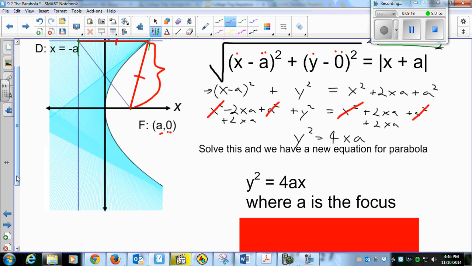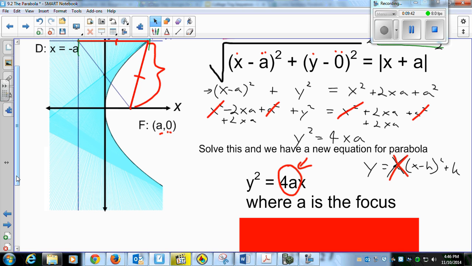Remember, this is not the same A as the A from our Y equals A(X minus H) squared plus K. That is not the same. So don't get confused with that A from college algebra and college trig, and this A, which is helping us define the focus and the directrix of these parabolas.